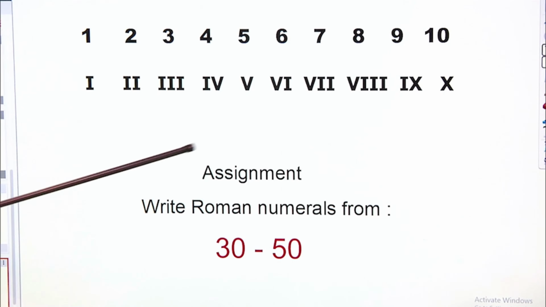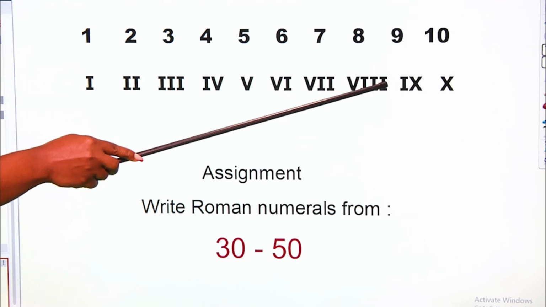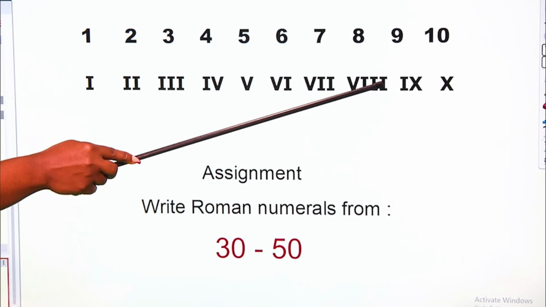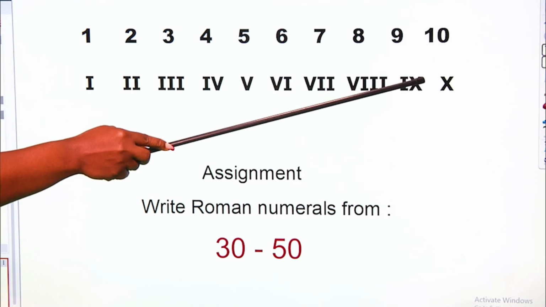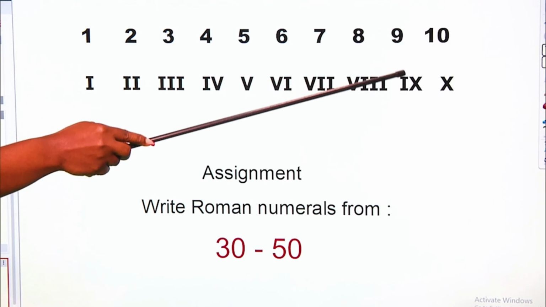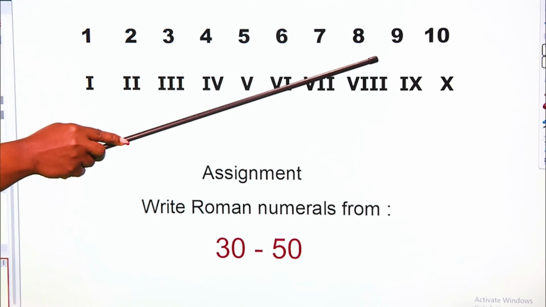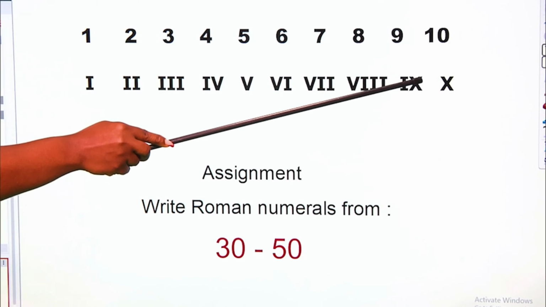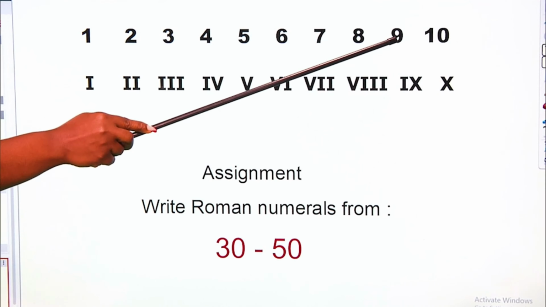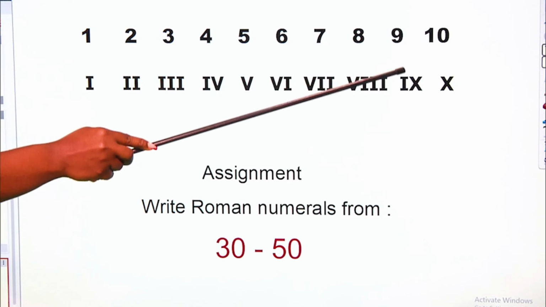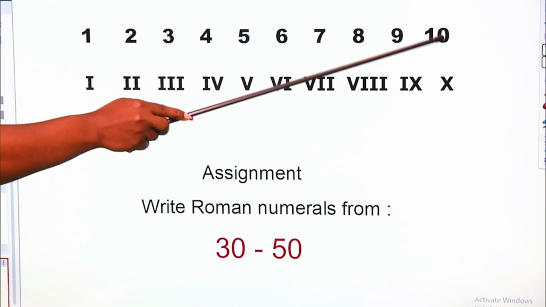You know we can't repeat 4 times. The maximum is 3. So we change to the next character, which is 10. So the 9, we subtract I from X so that we get IX, the rule of subtraction. So 10 minus 1 is 9. So we have 9 to be IX and then 10, X.